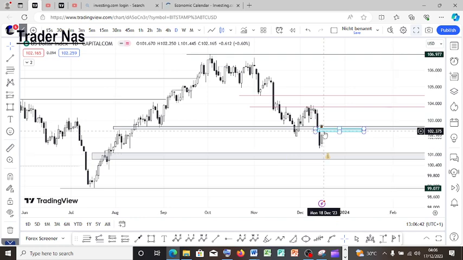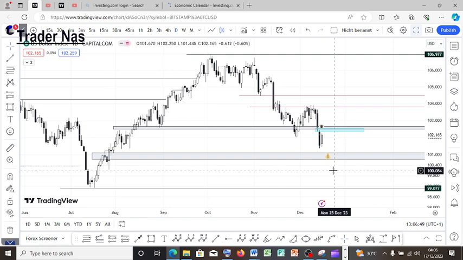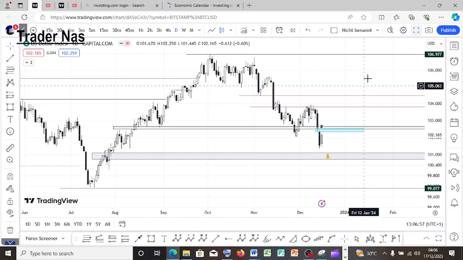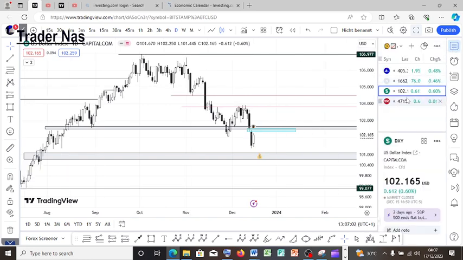Anything that happens here, we are looking for the pullback, and price could drop further down. If we could have maybe a few days or one day of bulls, so price can touch the zone before dropping or reversing, we could see what could happen.